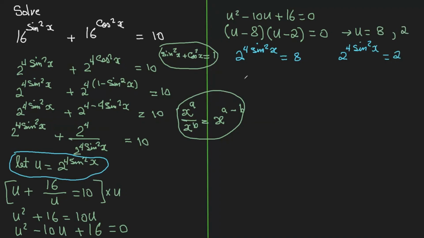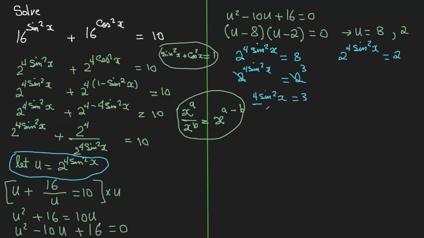We're going to solve this. So I'm just going to keep this the same and change the 8 to 2 to the power of 3. That allows me to cancel the bases. And I have 4 sine squared x equals 3.